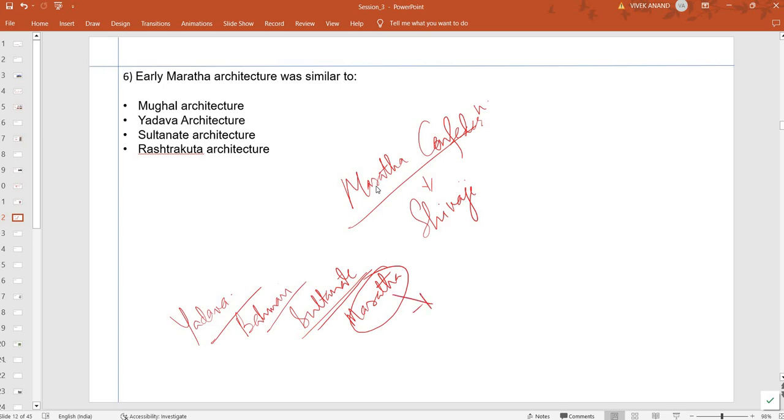Later, the Mughals also ruled most parts of the country, and the Marathas were in that region, the Western Deccan. So eventually late Maratha architecture was influenced by Mughal architecture also. You saw that in the previous question.